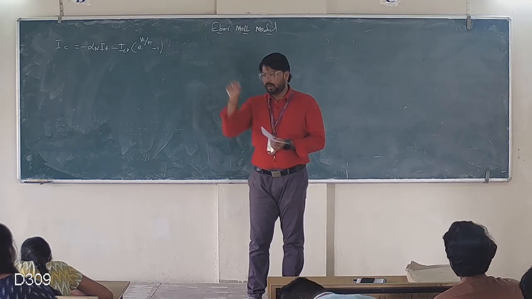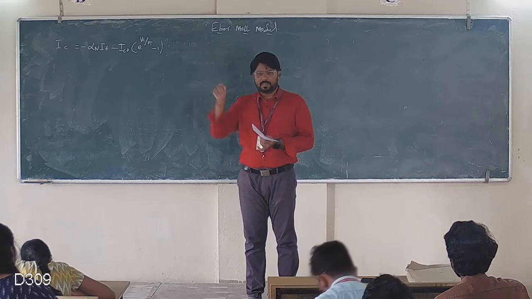Let us assume eta equal to 1. Then e to the power of V divided by eta VT becomes VT.